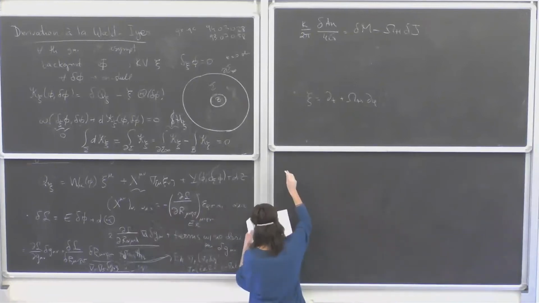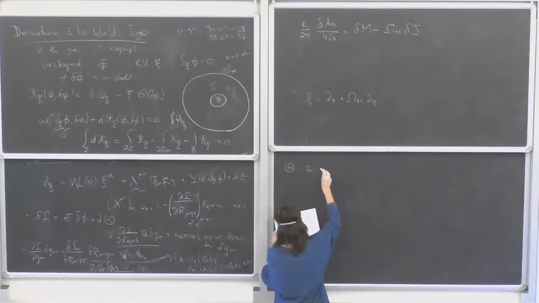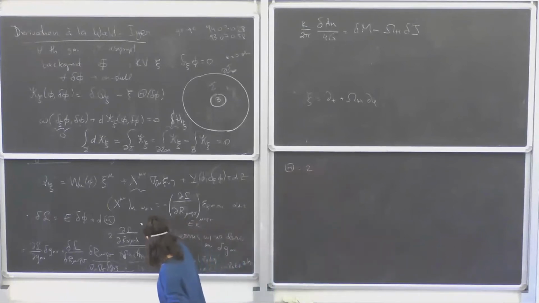Okay, so just to write this nicely, theta is equal to 2. They're calling this thing ER, because this has epsilon alpha 1 to alpha d minus 1.